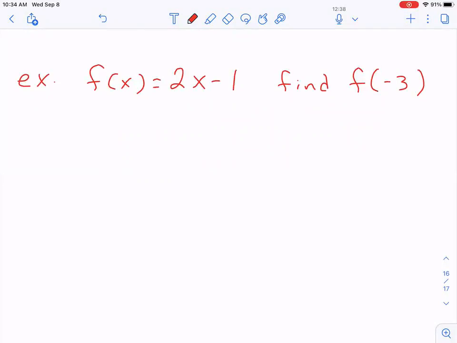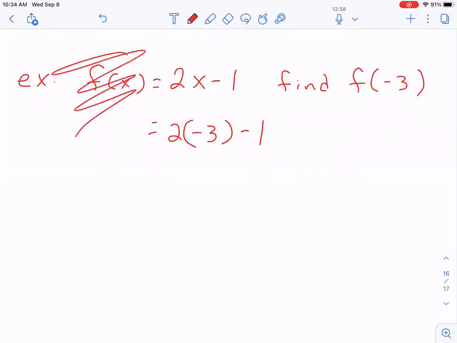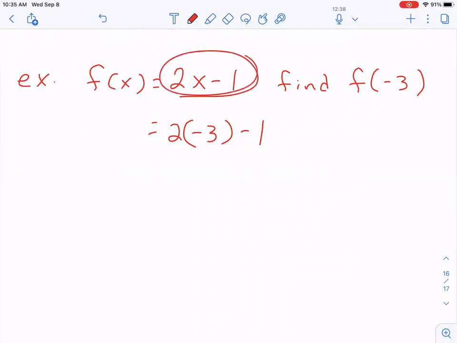So can we just figure out what is being asked? What's being asked is take negative 3 and plug it in for x in the equation part, so in the right-hand side. That's all we're going to do: plug in 2 times negative 3 minus 1. I don't do anything with this side of the equal sign, okay? I'm only plugging it into the equation. All right, what's 2 times negative 3? Negative 6. Negative 6 minus 1 is negative 7.